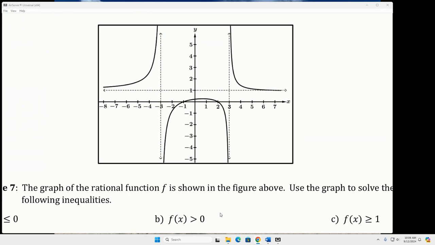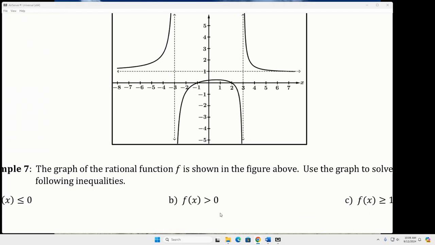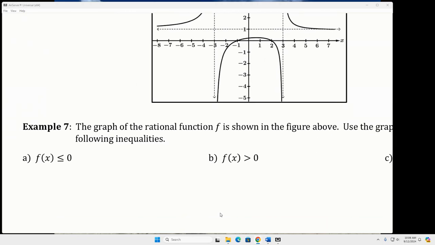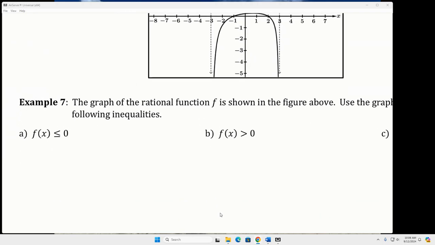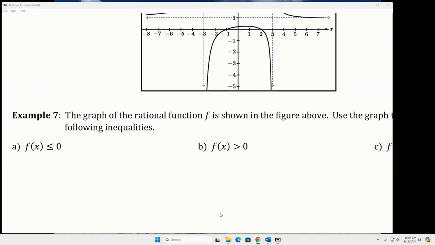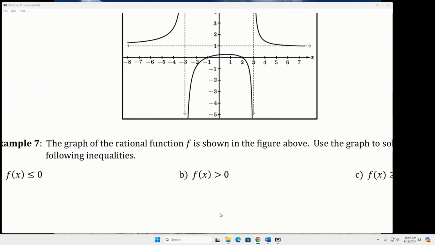You're never going to get there. The function is undefined at a vertical asymptote, so you kind of need to know that to do these inequalities. All right, so on A, we want to know where this function is less than or equal to 0. So I'm going to highlight it. That's going to mean it's underneath the x-axis.